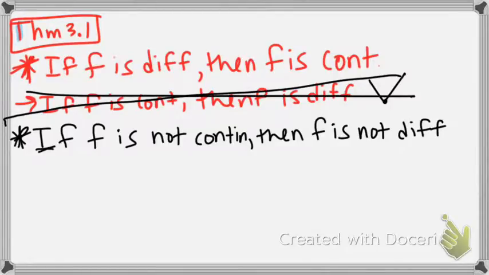But this top one is the main one that we're going to use. So we're going to say this all the time. Differentiability implies continuity. If your function is differentiable, then we already know that your function is continuous. It's already proven. All right, let's go ahead and try a couple more examples with this. All right, let's try example 4.